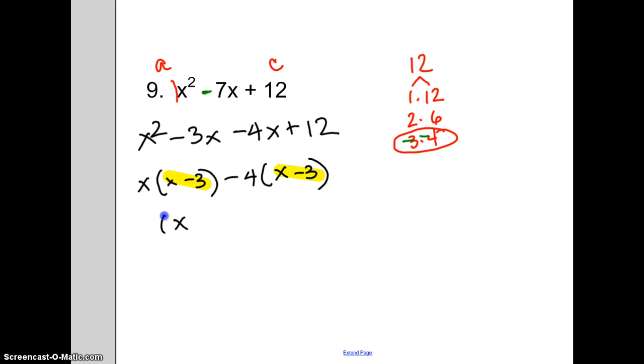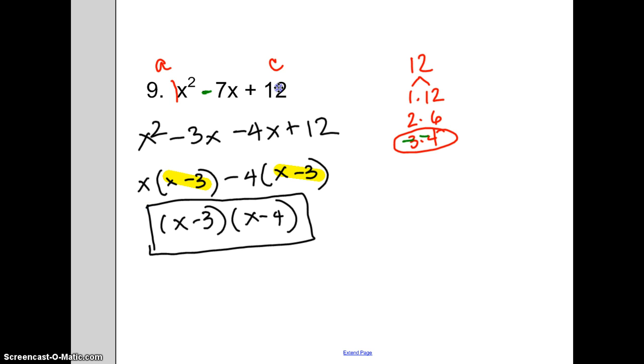So we take out the x minus 3, and that's going to leave you with x minus 4. Now, like I said, many of you are going to be able to look at this and factor it immediately into x minus 3 and x minus 4, and that's fine. But if you don't see it immediately, this process will help you to factor it every time.